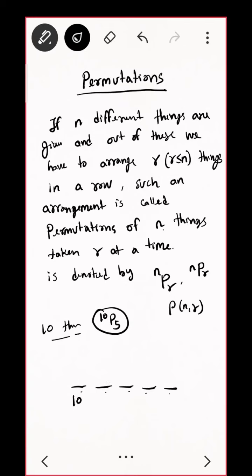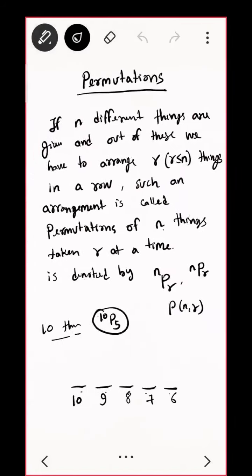Do you agree? So second is 9, third is 8, 7, 6. So what is your 10P5? Do you understand the meaning of 10P5? There are 5 positions and you are having 10 things. You have to assign them. Correct? Good.